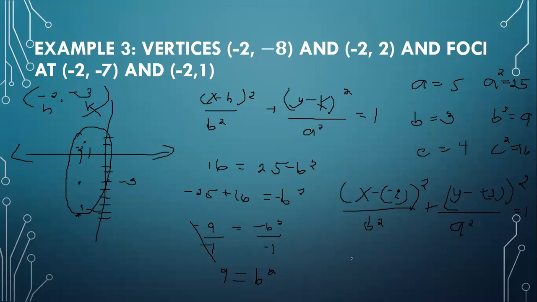Simplify: x minus negative 2, we can have x plus 2, quantity squared, our b squared is 9, plus y minus negative 3, we can have y plus 3, quantity squared over our a squared, which is 25, equals 1. So that's the standard equation of the ellipse in example number 3.